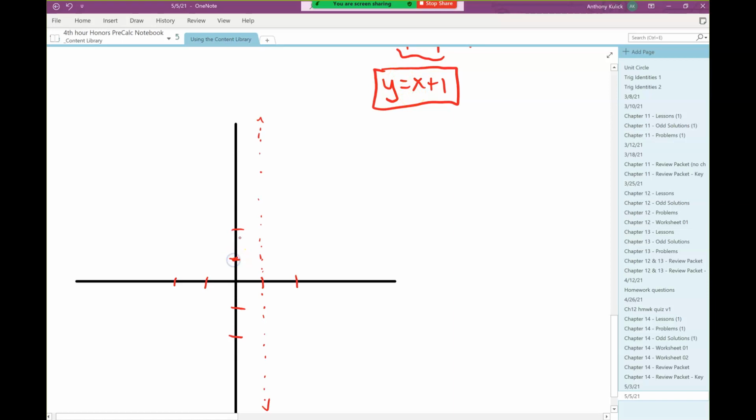So (0, 1) is the y-intercept, and (-1, 0) is the x-intercept. And then I have (0, 0) as my x and y-intercept.